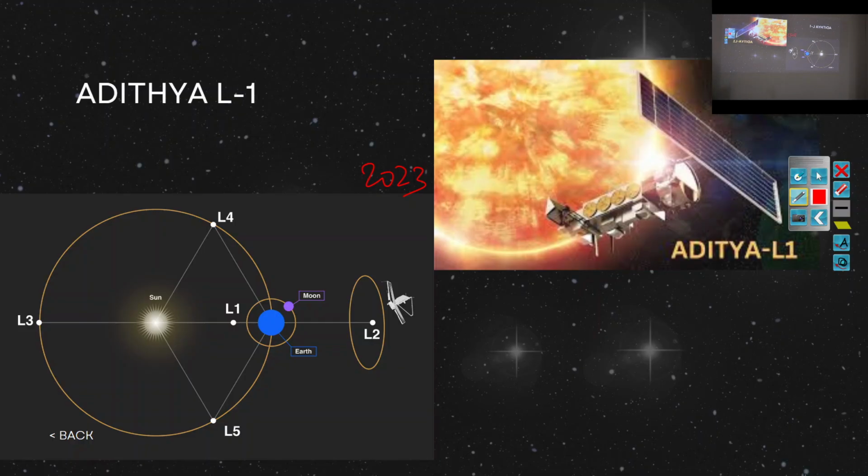So there are 5 points, L1, L2, L3, L4 and L5.